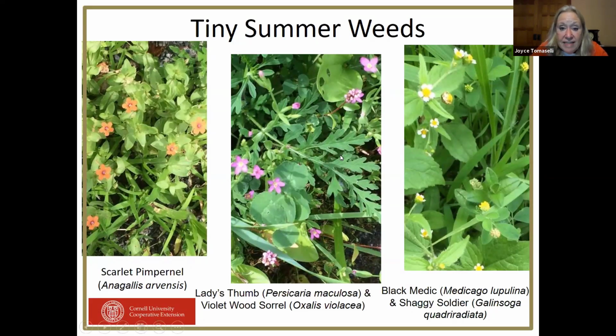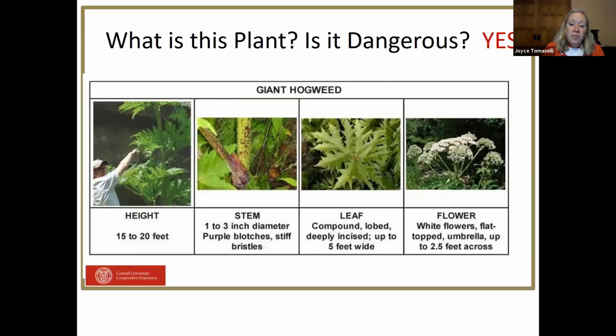So looking at all the details of this with the books, I could figure out what they were, and they were all growing on the side of the road where it was disturbed, and so they're weeds, but I thought that they were pretty. So other things that you need to do in terms of identification are less just for whimsy, but sometimes you need to understand if plants are dangerous, and as I said, if plants are invasive.